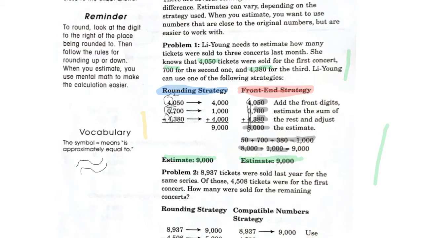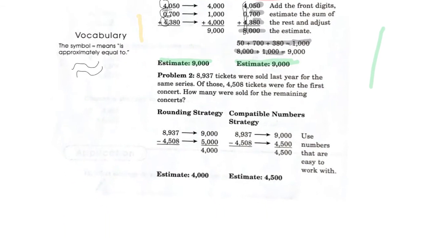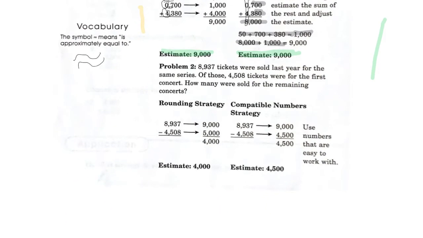So when we come down here, we have problem number 2, and it says 8,937 tickets were sold last year for the same series. Of those, 4,508 tickets were for the first concert. How many were sold for the remaining concerts?